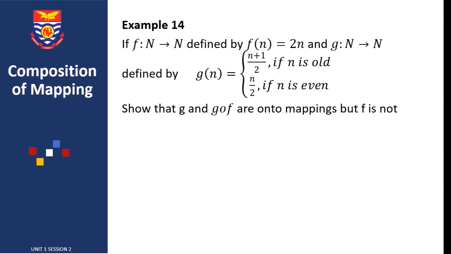Let's show that. So first, let's show that g is an onto mapping. Okay, so if we believe that small n is a member of big N, the natural numbers. Good. If n is even, then we can say that 2n is also even. Once n is even, 2n is also even.